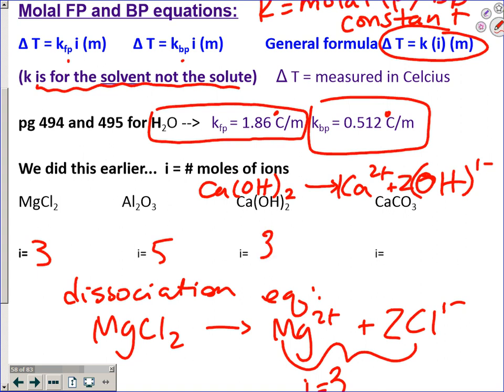Okay, the last one, calcium carbonate, how many ions are we making? Hold it up, it's right here at your chest so I can see it. Your neighbors don't get to see it. So I want you to think about the ions that are present here. Emma, tell me what you got. Why 2?